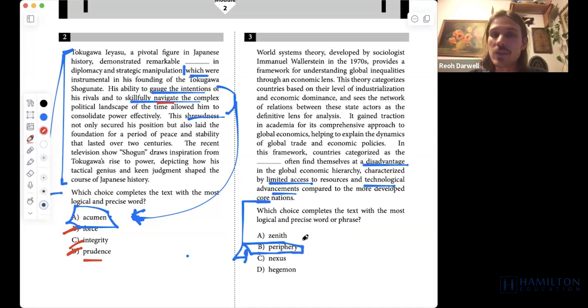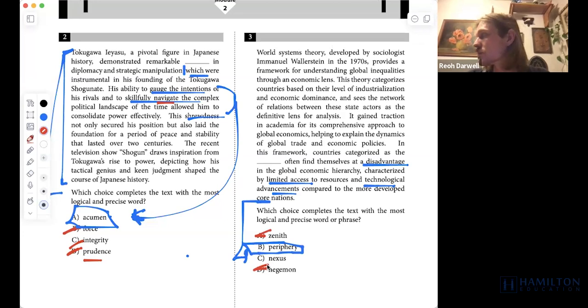Now, if you can't arrive at that through knowing that core and periphery are opposites of each other, you might be able to get rid of some of these other ones. So zenith and hegemon mean something kind of similar. When something is at a zenith, it means it is at the ultimate top, right?